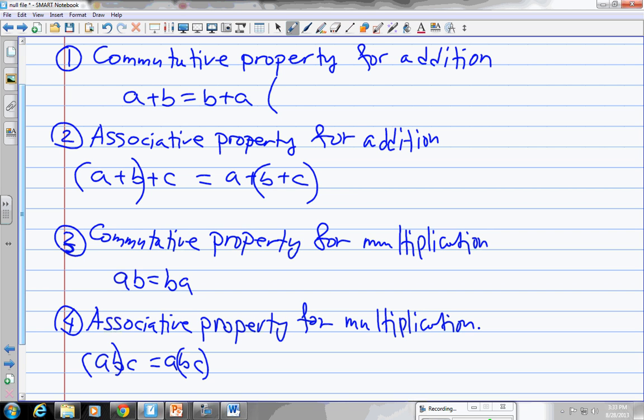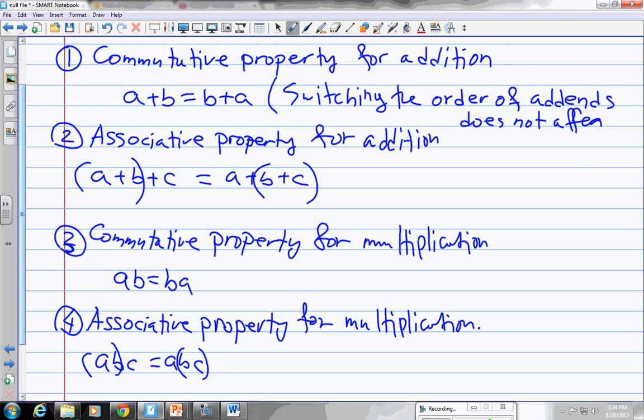But in English it says: switching the order of addends, that's what the parts of the sum are called, does not affect the sum. So this is the same simple statement, A plus B equals B plus A, in plain English.